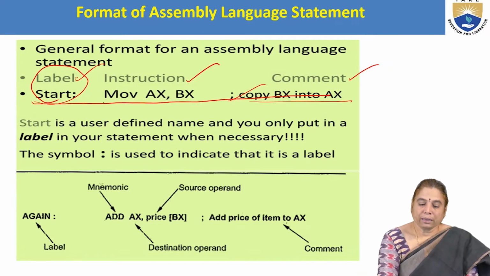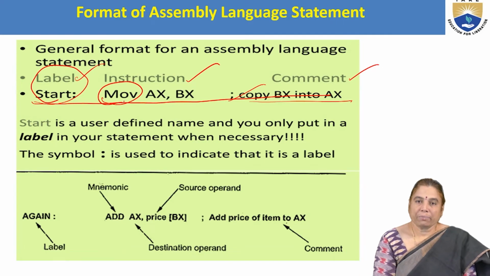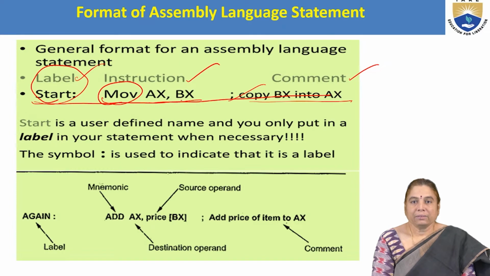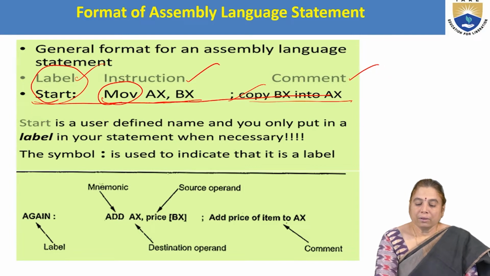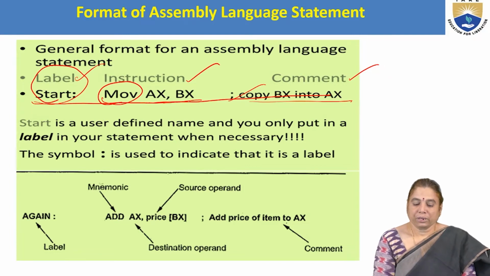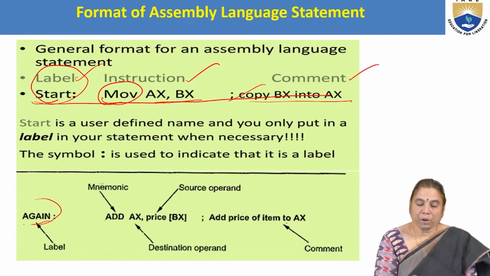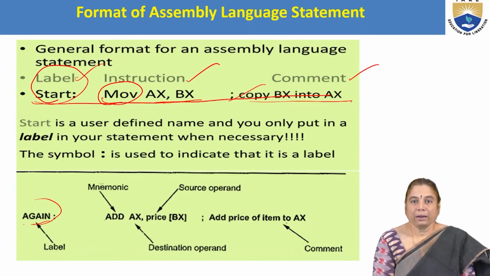So here the mnemonic, the opcode, can be given, and the operands, the data on which this operation is performed, can be specified along with the mnemonic. So that is the format of the instruction. Here is an example. Here is a label. A label can be defined and terminated with a colon.